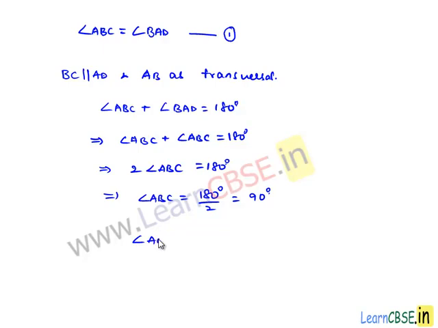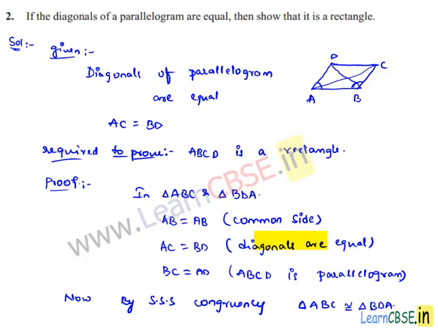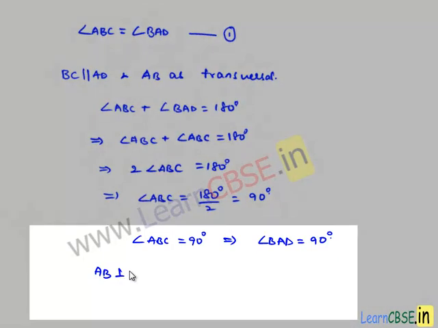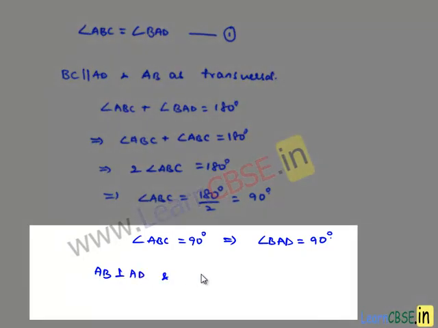So finally we got angle ABC is equal to 90 degrees, which implies angle BAD is also equal to 90 degrees. So as two angles are equal to 90 degrees, here AB is perpendicular to AD and AB is also perpendicular to BC.